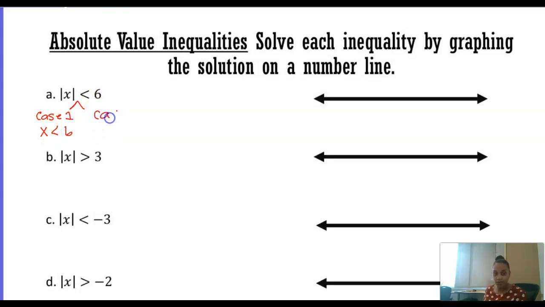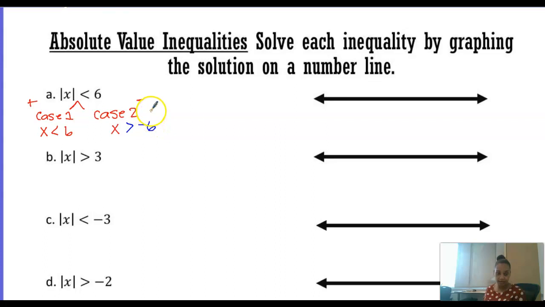On case 2, my negative case, we need to be a little bit more careful because two things are going to happen: I'm going to change my sign and make it negative.